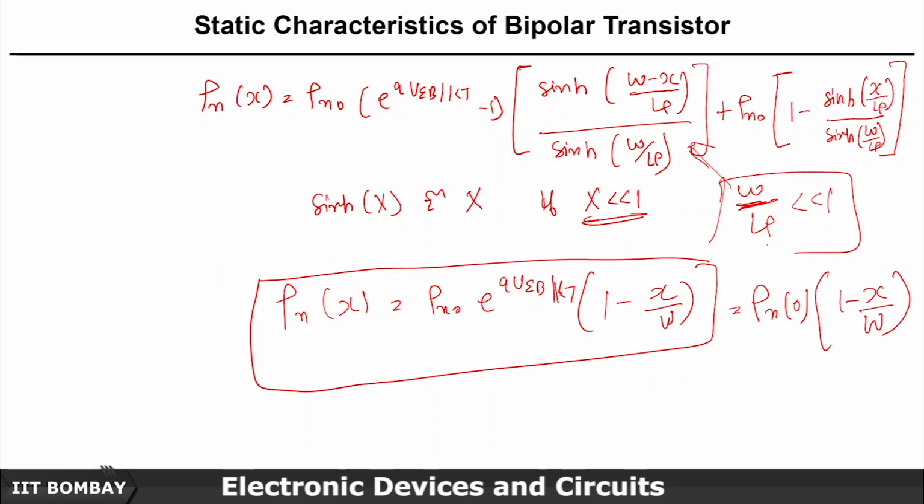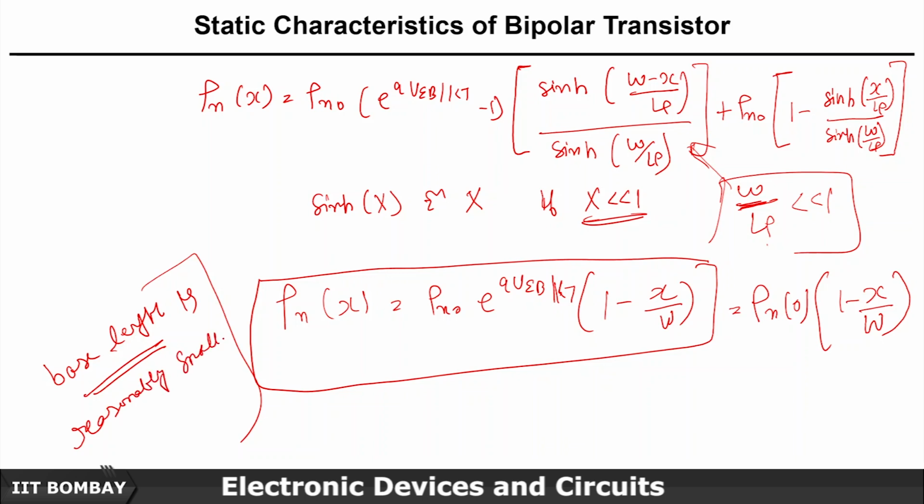So the important condition that you need to keep in mind: this equation is valid only when the base length is reasonably smaller than your diffusion length. Otherwise this equation will not be valid.